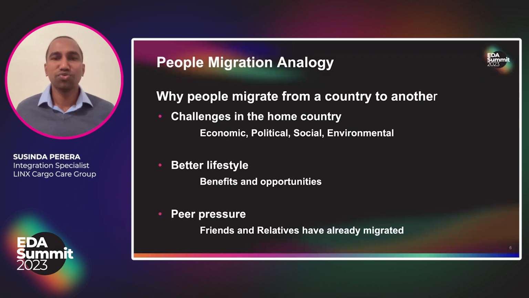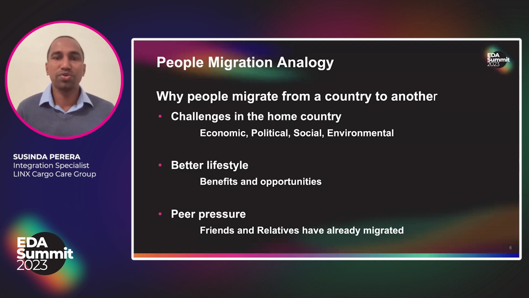Okay, before we move on, let's see what we can learn from the people migration analogy and ask ourselves some questions. Let's talk about why people choose to migrate from one country to another. There could be several reasons why people make this decision. One of the main reasons is the challenges that they might face in their home country. These challenges could be economical, political, social, or environmental. Another reason for migration is the pursuit of a better lifestyle.